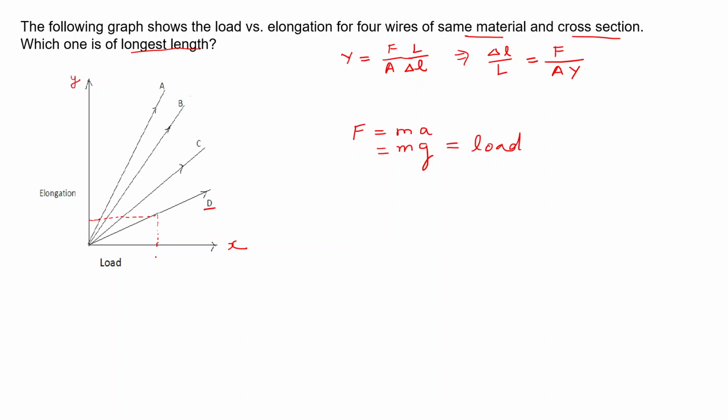Whatever load I have already used, let's call it W. For any particular load W1, the elongation in D wire, let's call it small l_d, and the same value of load is causing elongation of L_A.